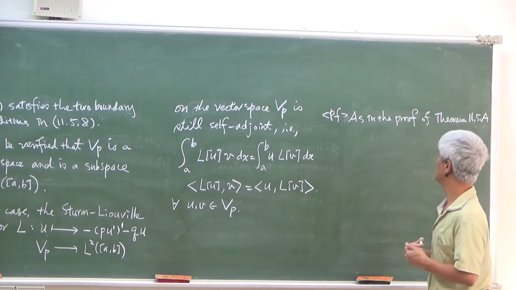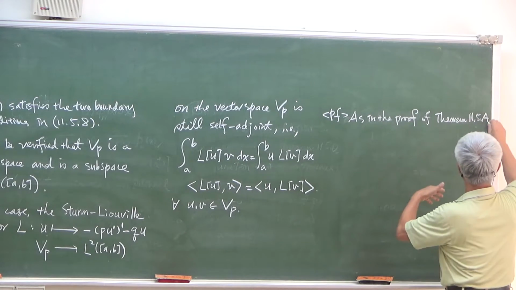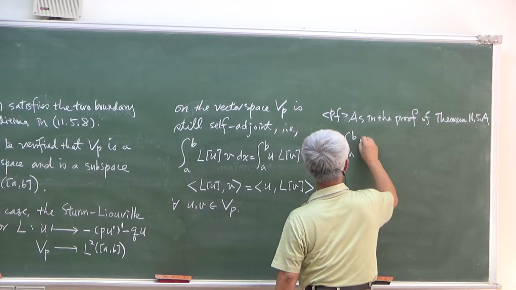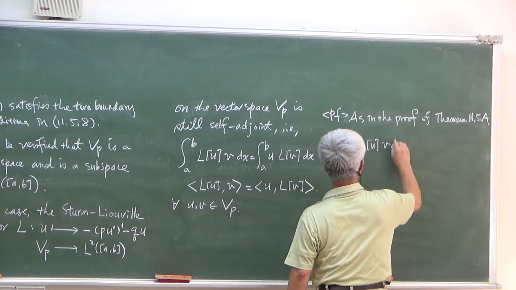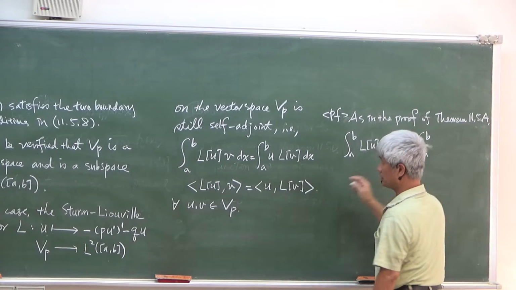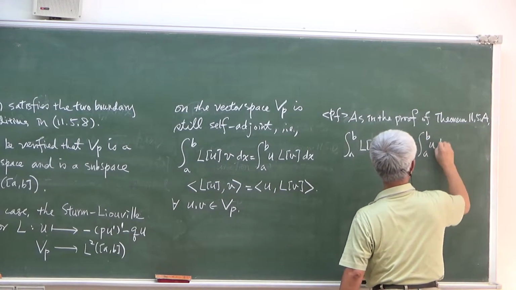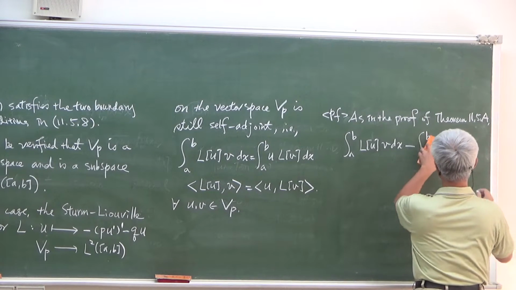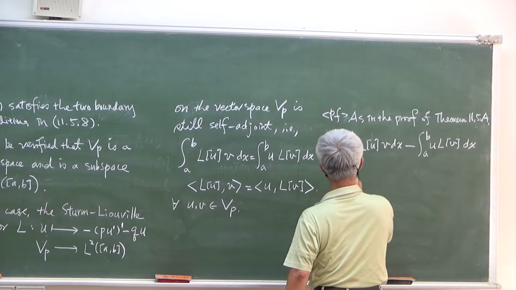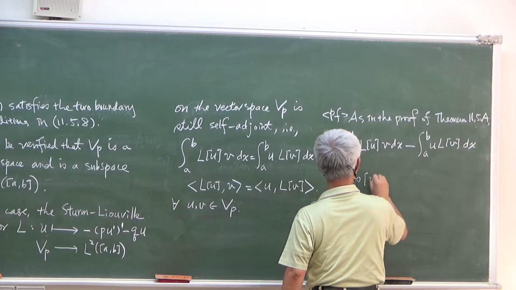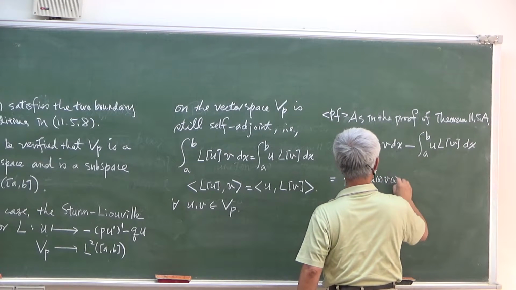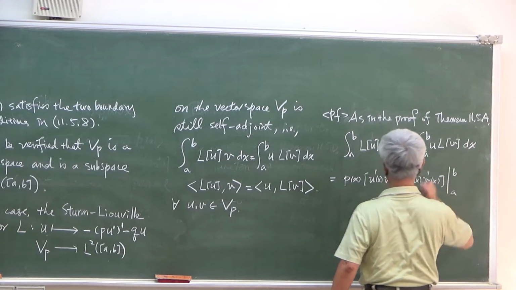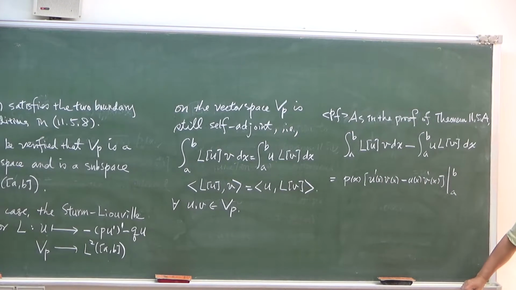We prove that. But we can derive the same thing. We know that actually the difference between these two integrals is equal to p of x times u prime of x v of x minus u of x v prime of x, evaluated from a to b.